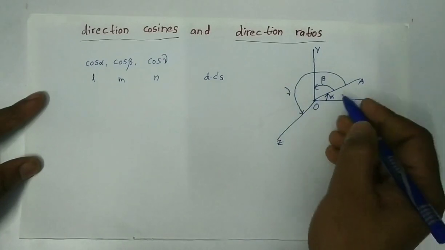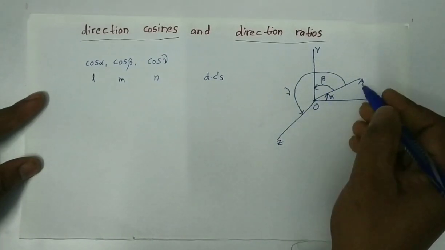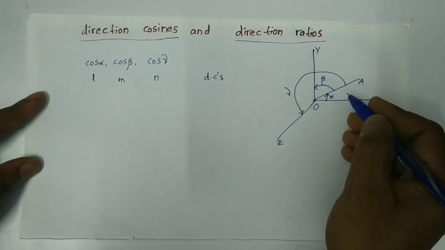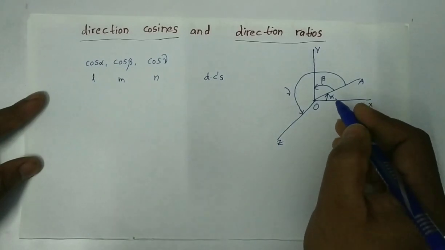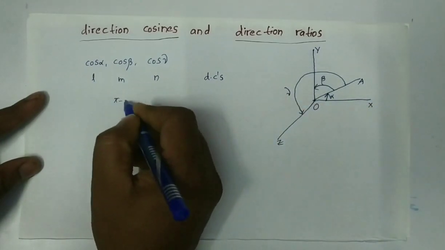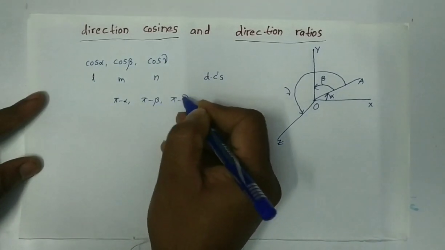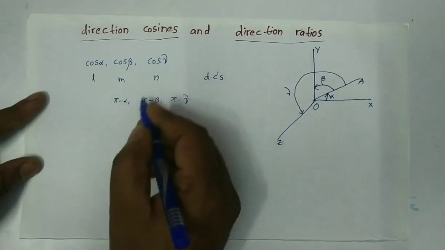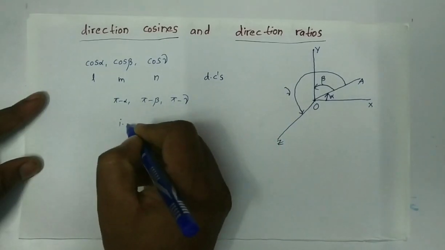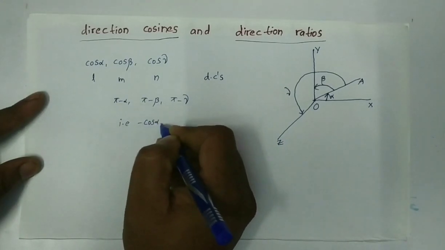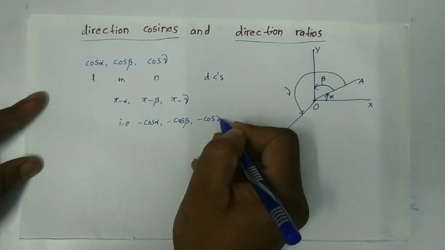Suppose the direction of the line is reversed, then the angles are replaced by their supplements, that means pi minus alpha, pi minus beta, pi minus gamma. So the signs of the direction cosines are reversed, that means minus cos alpha, minus cos beta, minus cos gamma.